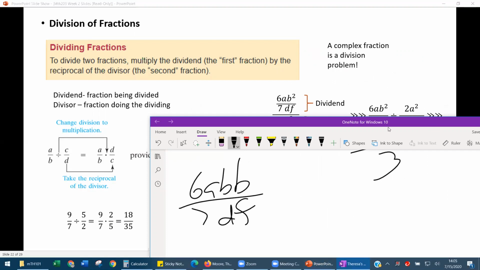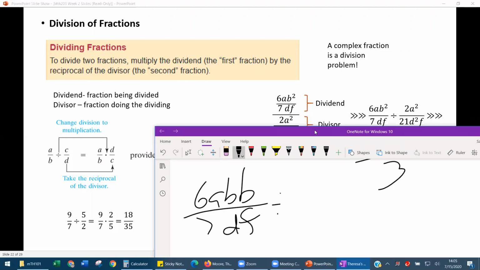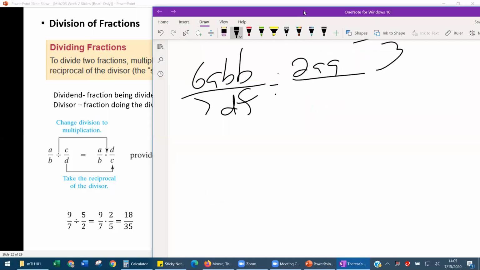So it's over another fraction, which means it's being divided by that. So I'm just going to write it as a division problem. And the top of this fraction is 21 or 2aa over 21d squared f. So d squared is ddf.